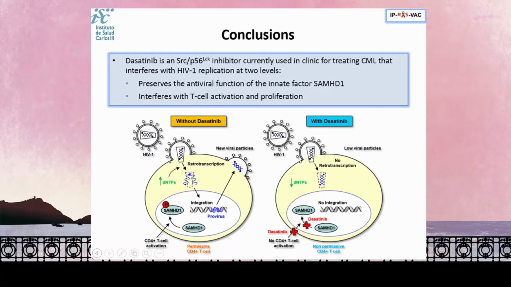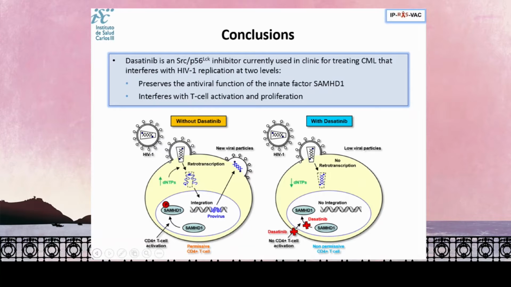So dasatinib would be able to perform 2 different activities at this point. At one point, it will be able to preserve the antiviral function of the innate factor SAMHD1 because it won't be phosphorylated. And the second thing is that it will interfere with LCK phosphorylation. Therefore, it will interfere with T cell activation and proliferation. Therefore, in the absence of dasatinib, these would be permissive CD4 T cells, because SAMHD1 would be phosphorylated, the dNTP pool will increase, and then the retrotranscription will occur and the proviral integration.